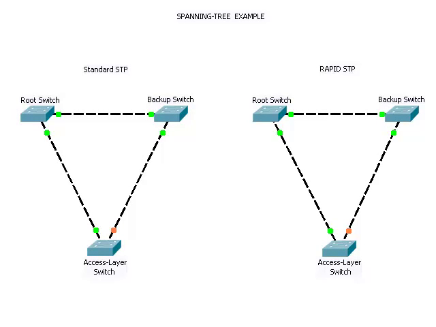Now, let's create an indirect link failure by shutting down the interfaces between both root switches and the backup switches and see how long it takes for the switches to converge. Take a look at the link lights on the right group of switches. They have rapid spanning tree installed on them, and they have converged in less than 2 seconds.